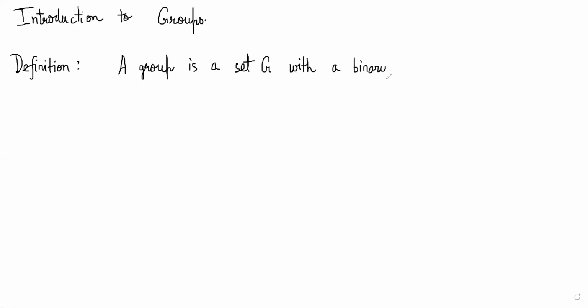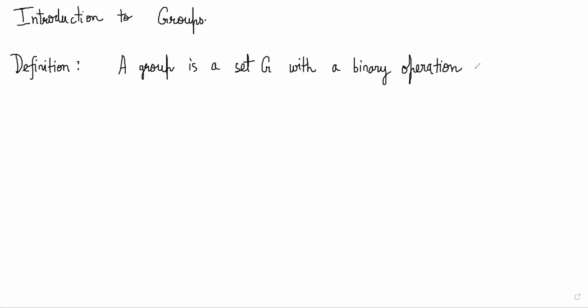We are going to talk about what groups are. So we'll start off with the definition of a group. So this is the definition. A group is a set G with a binary operation. What is a binary operation?